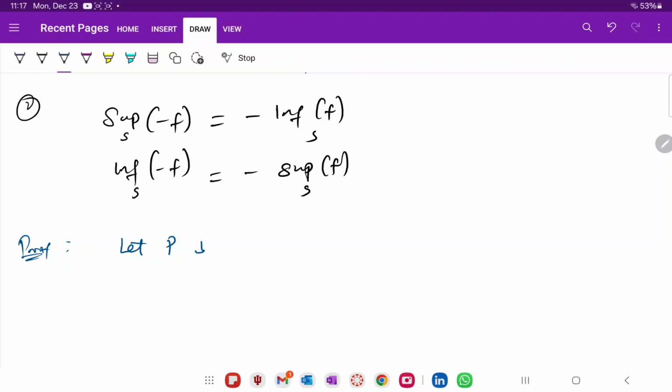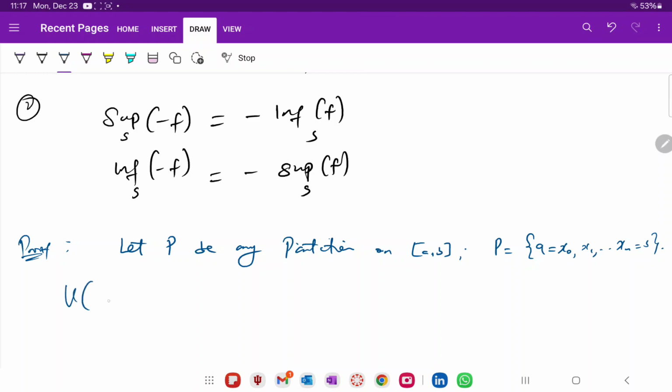Let P be any partition of [a, b], where a equals x0, x1, up to xn equals b.